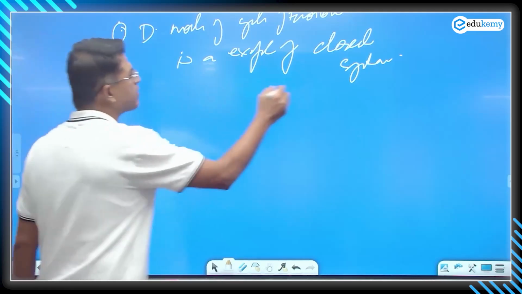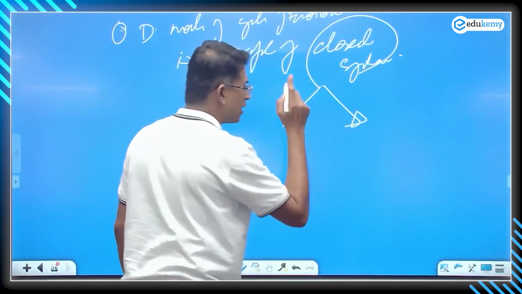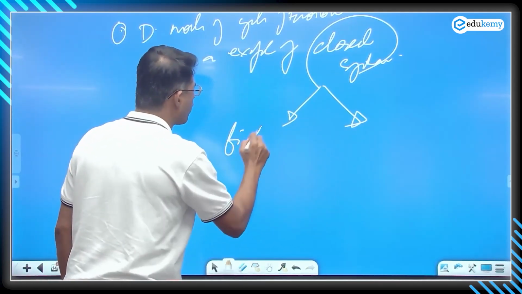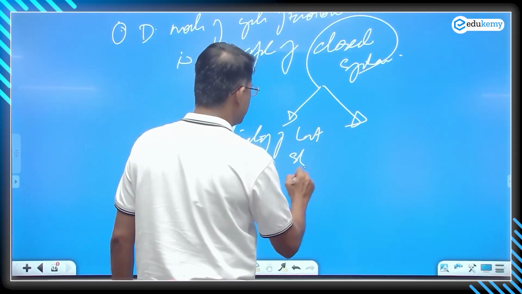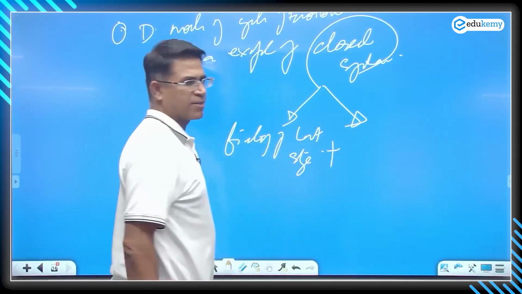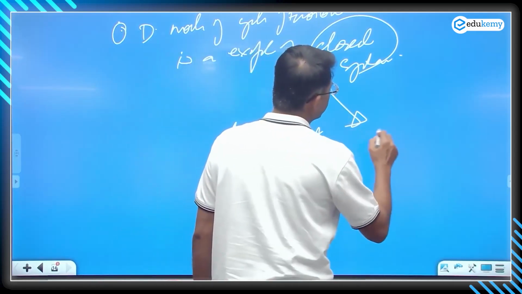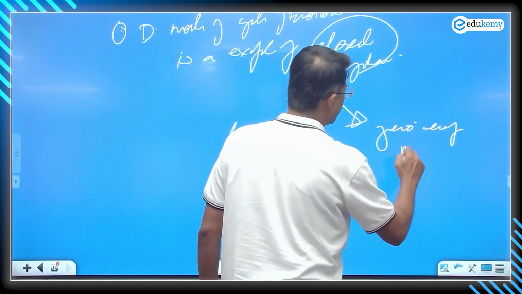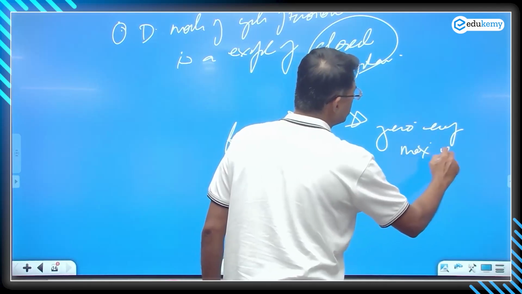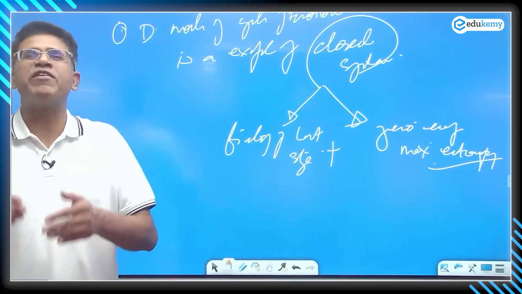And what is there in closed systems? There are two things. There is a finality of the last stage plus, okay, in the final state, it is going to be the state of zero energy and maximum entropy, maximum free energy.